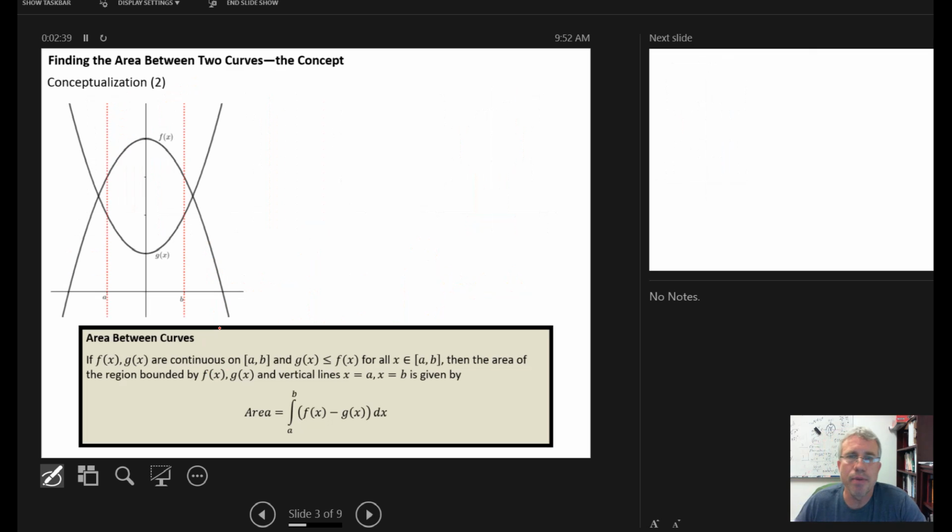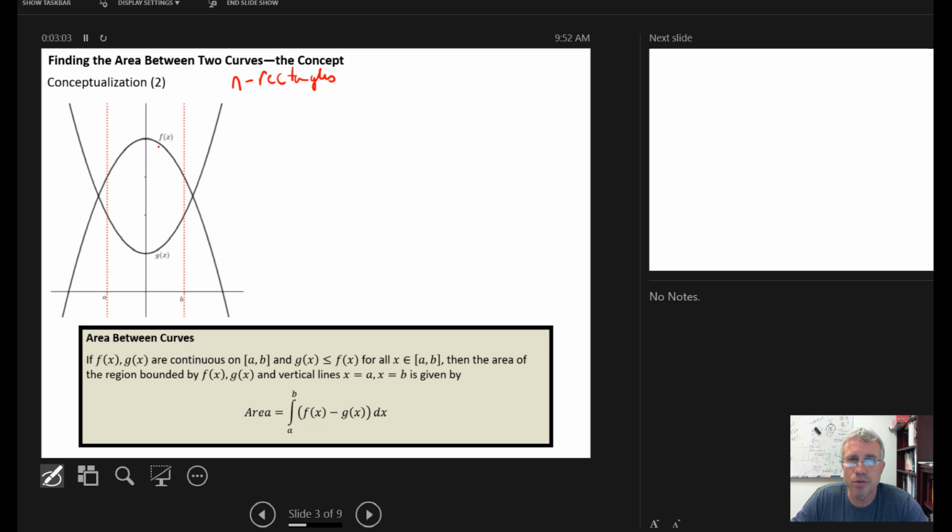The other way we could think about it is to say, let's take the region from a to b and cut it up into n rectangles of equal width. So we take this and we just start hacking it up into rectangles. And then we'll add all of those rectangles up to estimate the area under the curve.